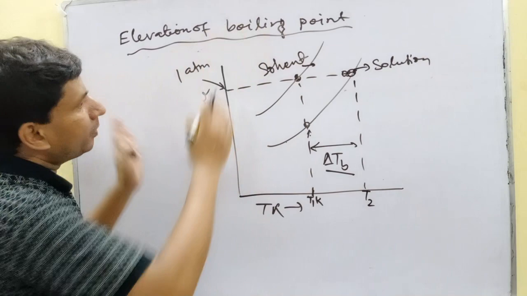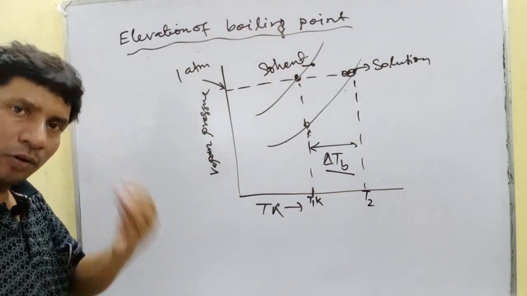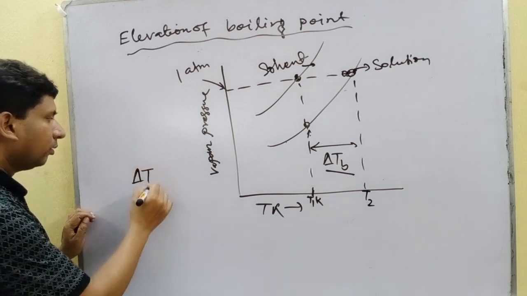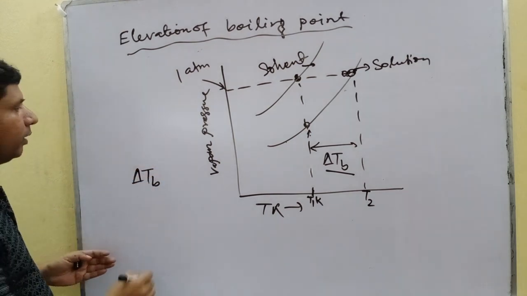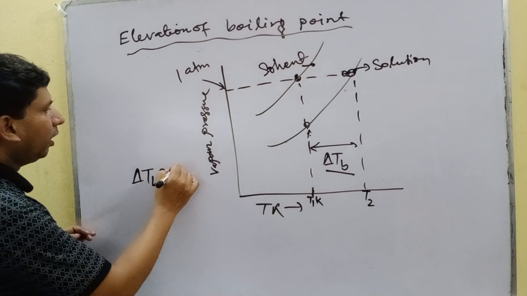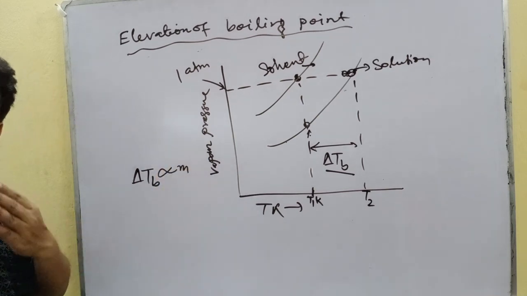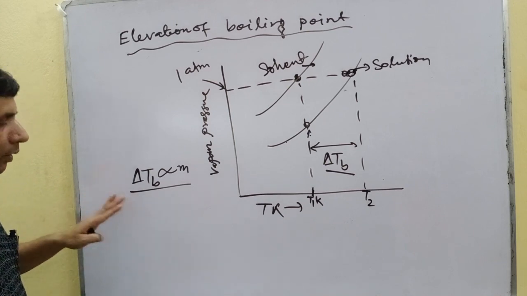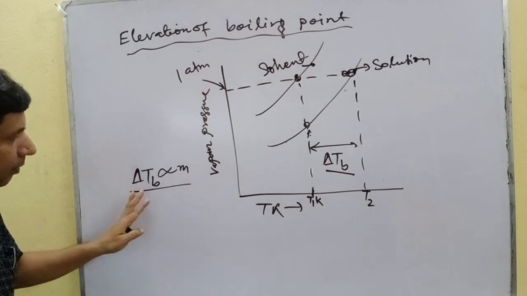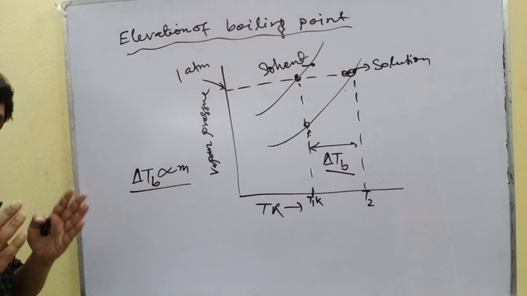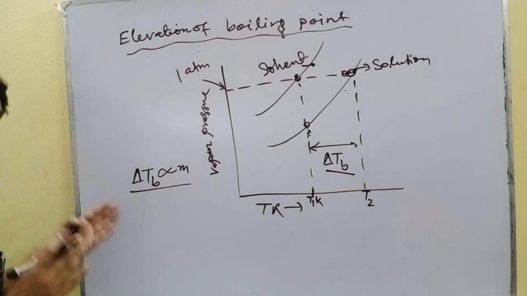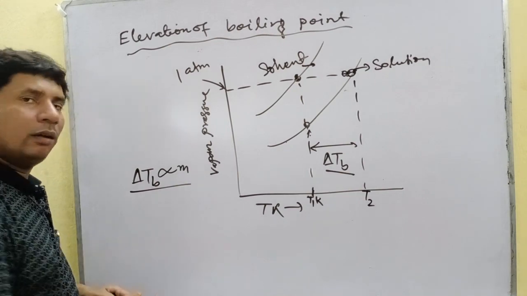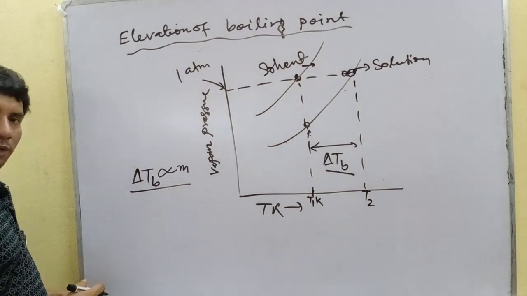So this is the elevation of boiling point, and according to Raoult's law, the elevation of boiling point, or the difference of the boiling point from solution to solvent, is directly proportional to the molality of the solution.